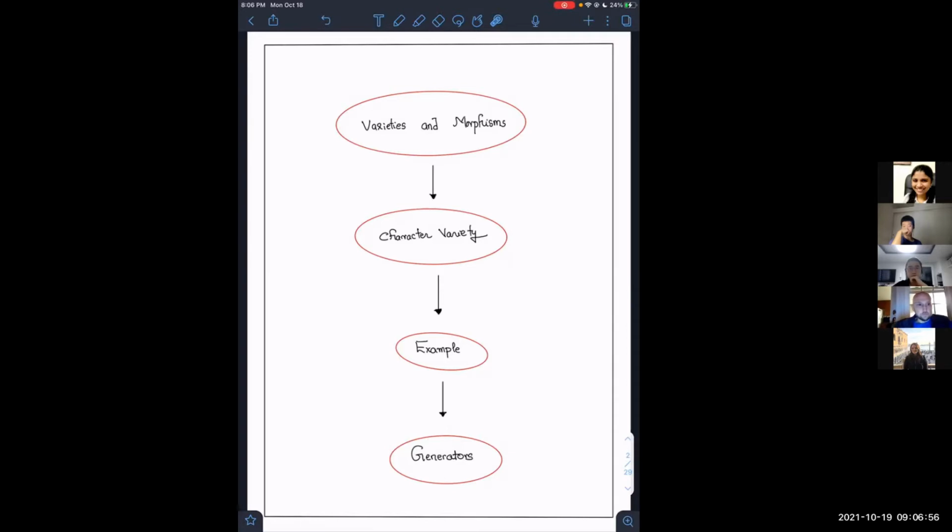I'll briefly explain varieties, and then I'll talk about character varieties, their definition and construction, and then I'll go over an example, and I will discuss some results about how to compute character varieties in a specific case.